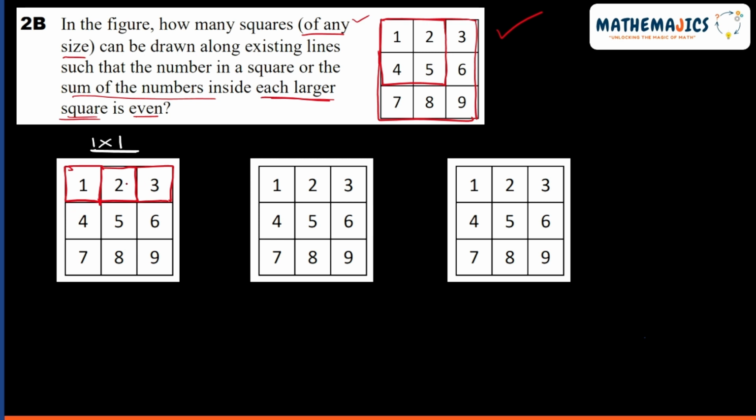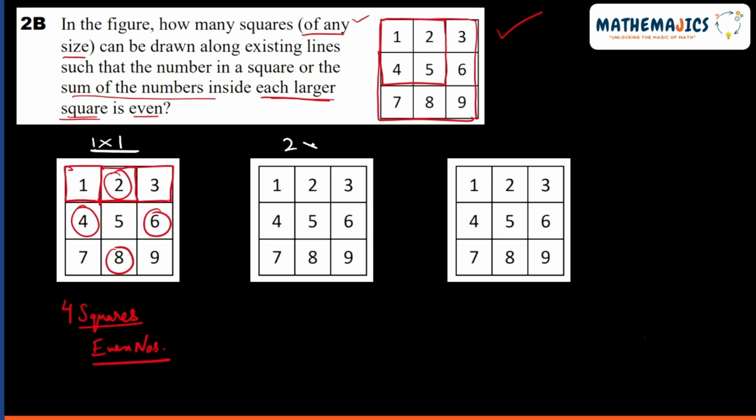These are small squares and how many numbers are even? 1, 2, 3 and 4. So there are 4 squares with even numbers.